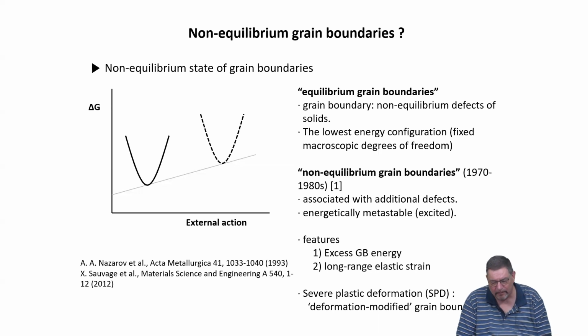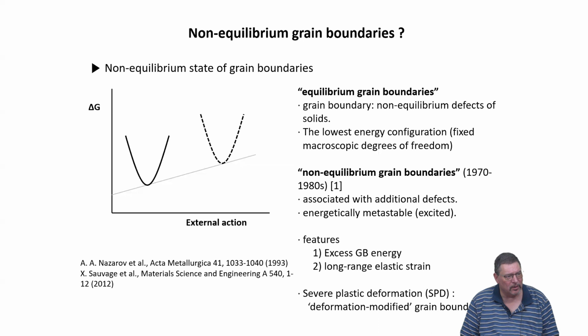So, these are boundaries associated with additional defects. The name I don't like, non-equilibrium grain boundaries, because any grain boundary would be a non-equilibrium defect if you basically anneal the material at high enough temperature for sufficiently long time, right? So the grain boundary would vanish. The single crystal is the equilibrium structure.